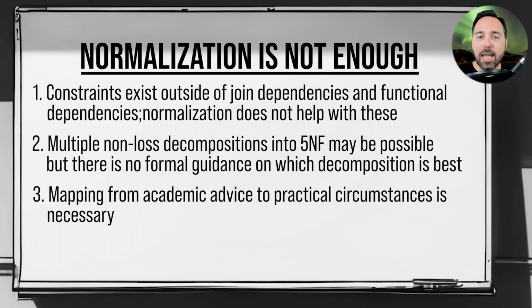Third, applying academic advice to practical circumstances is not always a direct mapping. Academicians get to sit in their ivory towers and dream things up. Meanwhile, people in the field are stuck with real-world scenarios, real-world problems, and real-world people who can't give you a list of functional dependencies at will.